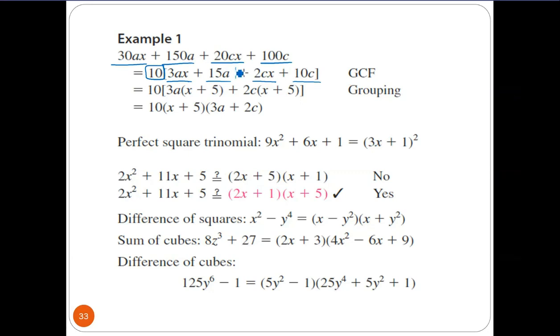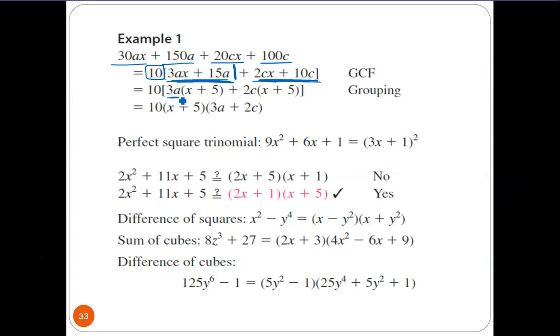Look at this. We can divide this into two groups, the first group like this and the second like this. From the first group, we can take the common factor. We have 3 and a. We cannot take x because the second term doesn't have x, so we can take 3a as common factor.